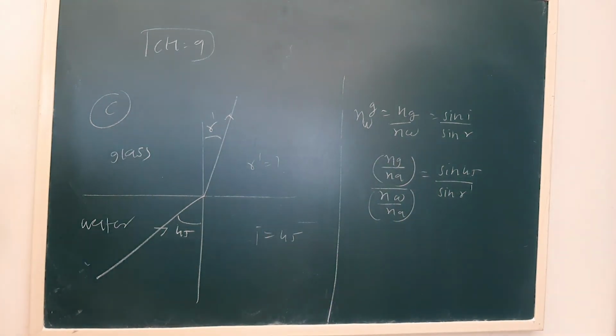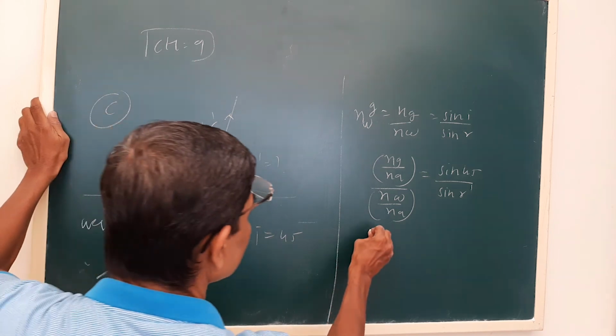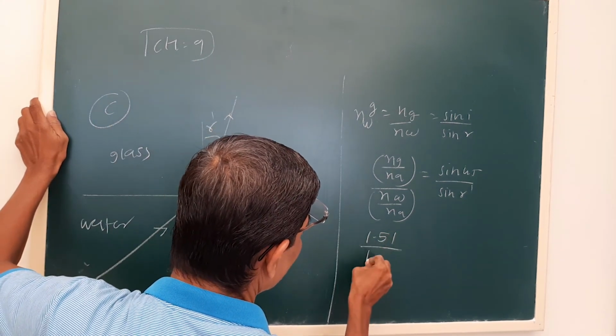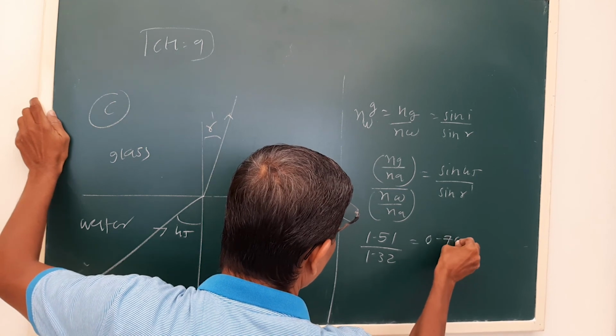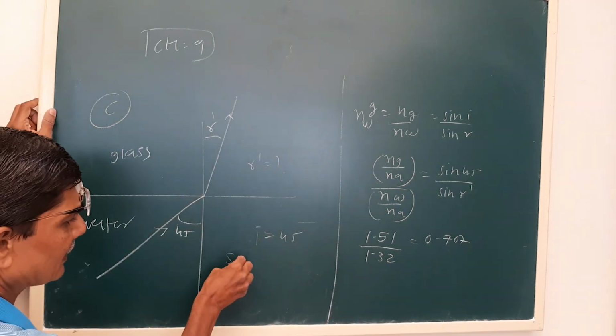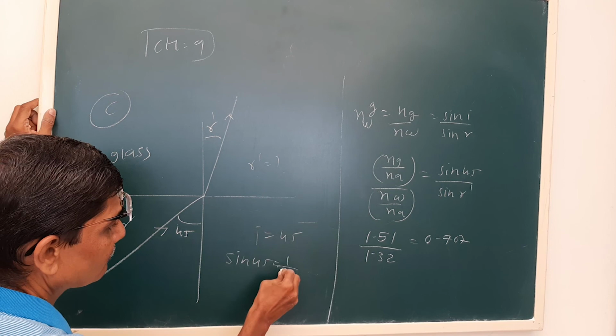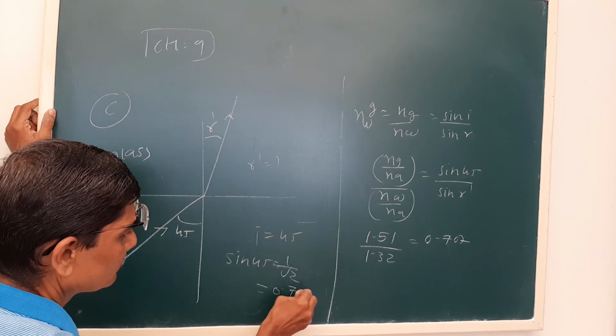The refractive index of glass with respect to air we have obtained as 1.51, and water we have obtained 1.32. Sin 45 is 0.707. Now sin 45 is 1 upon root 2 if we solve.